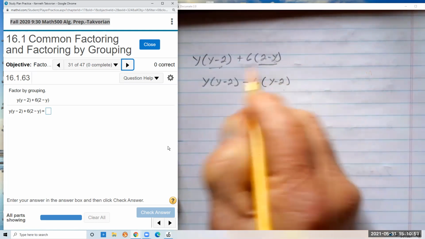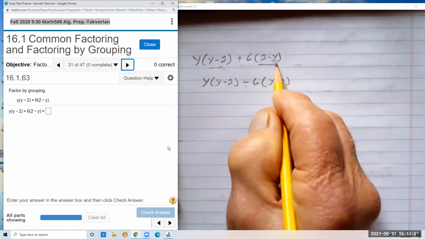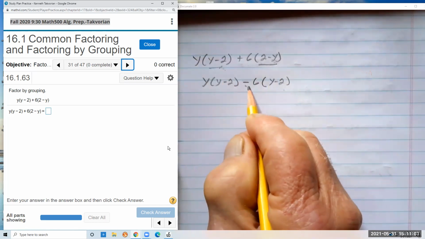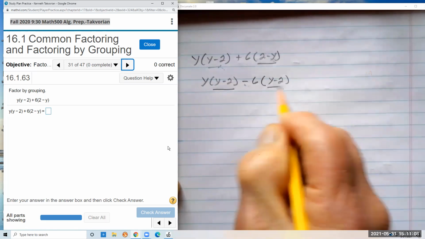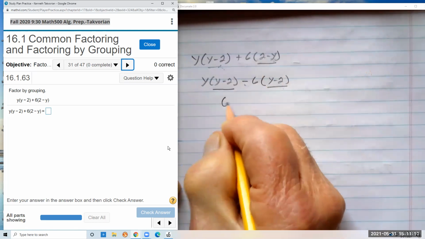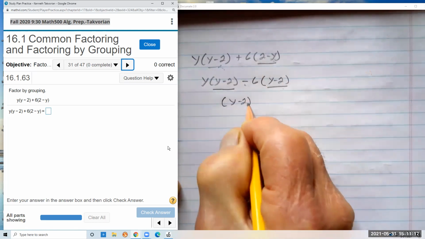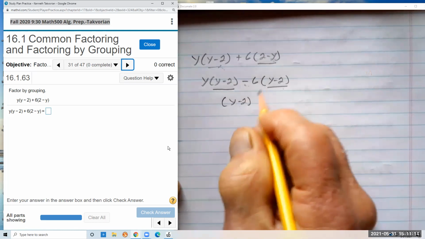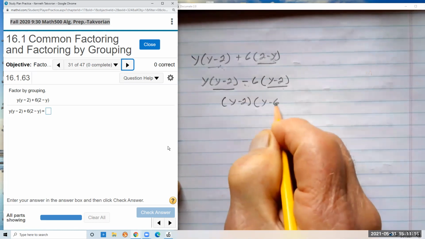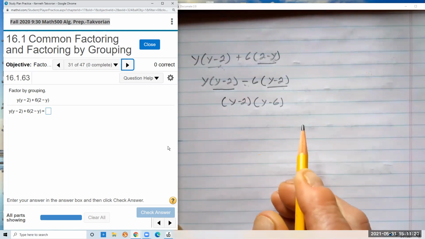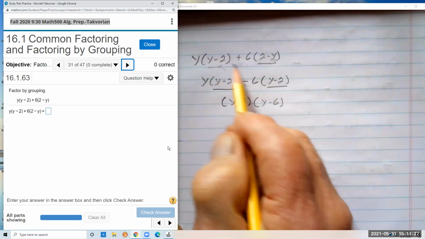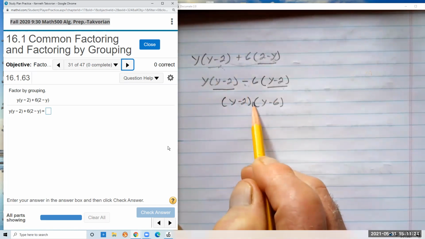So these binomials are opposites, so we can therefore extract a minus sign from one of the binomials. Now we have a common group. We extract the group. Notice I'm using parentheses, and what's left is y minus 6. So now we've used grouping factoring, taking the sum and expressing it overall as a product.